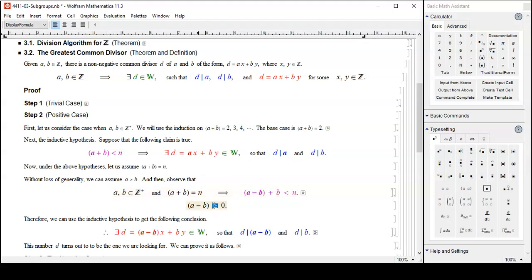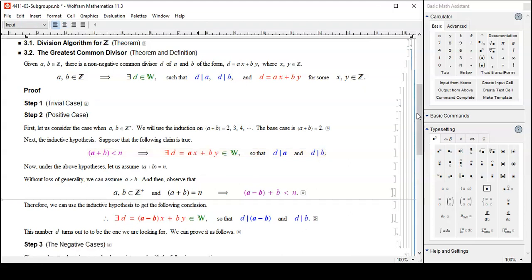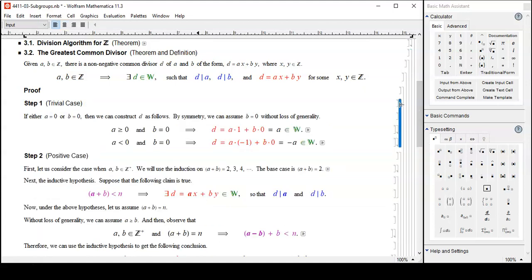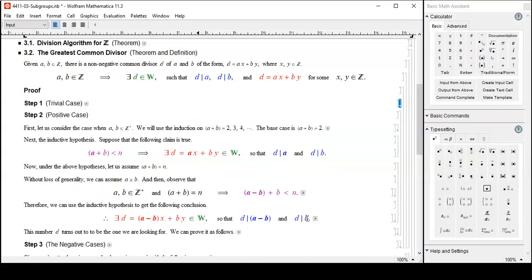That leaves the case when this thing becomes 0. In that case, I cannot use this inductive hypothesis. Instead, we can go back to step 1, which we proved already, and then use that to conclude the same, because we proved it already.